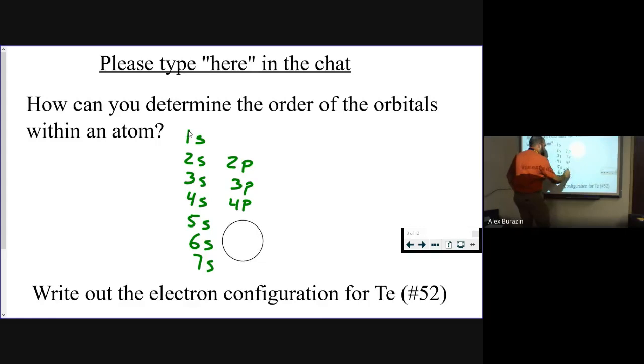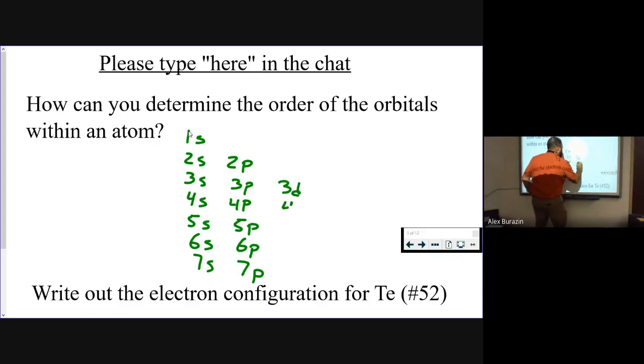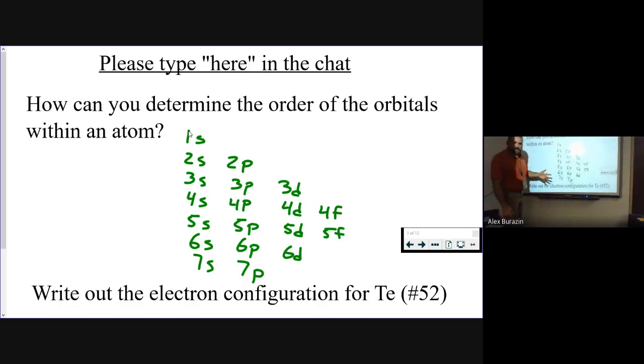Hold on. The d orbitals and the f orbitals. Okay, if you can draw this from memory, you then draw these diagonal arrows to get the correct order.